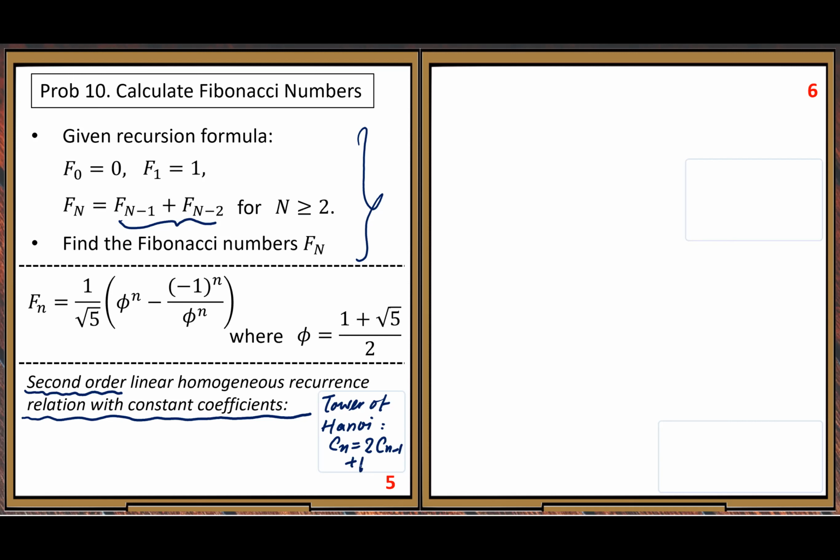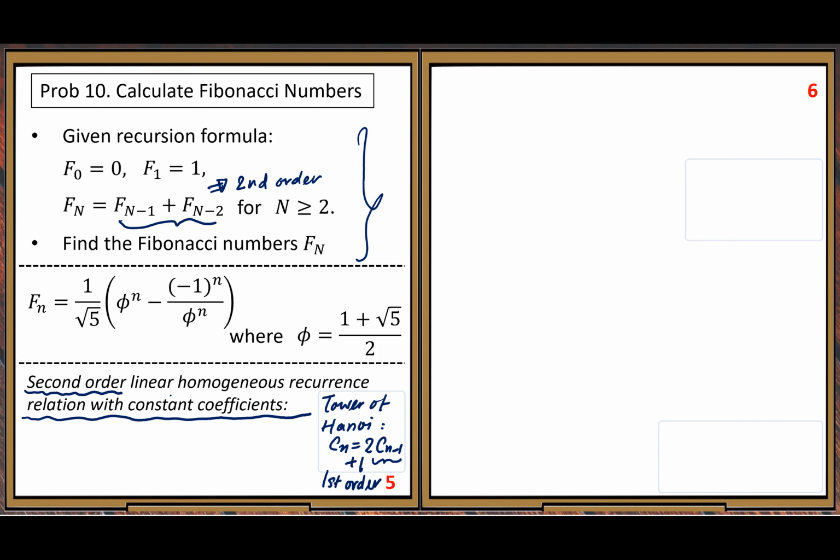Here on the right-hand side, there is only one non-constant term, and for this type we call it first order. In our case, the right-hand side has two non-constant terms, so we call it second order.